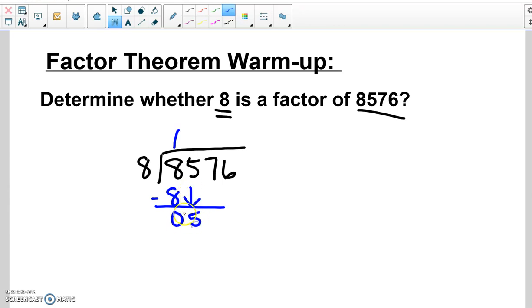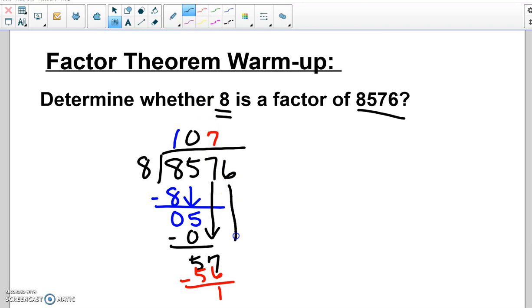Remember, dirty monkeys smell bad. That'll go in 0 times. So I'll subtract and bring down. 7 times 8 is 56. There'd be 1 left over after I subtract, and now I bring down and I have 16. And I think you know the rest. We're going to have a 2 here. It's going to have 16, and you guessed it, no remainder.